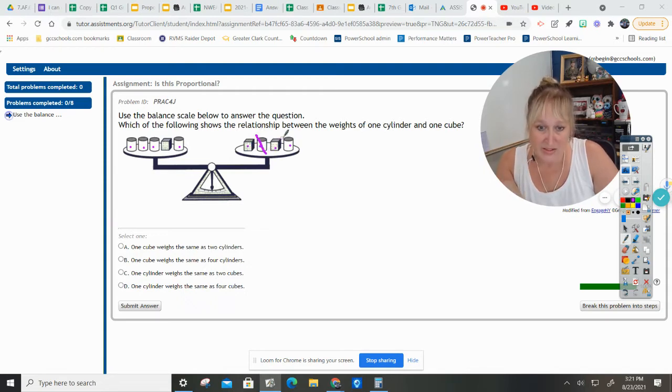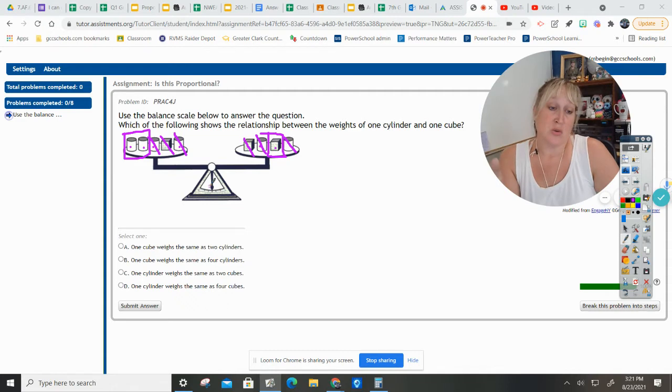So I need to start eliminating. This is what I'm going to do. So now I can eliminate this because that matches this. So by my problem solving, I can figure out that 1 square equals 2 cylinders. Now, why does that matter?